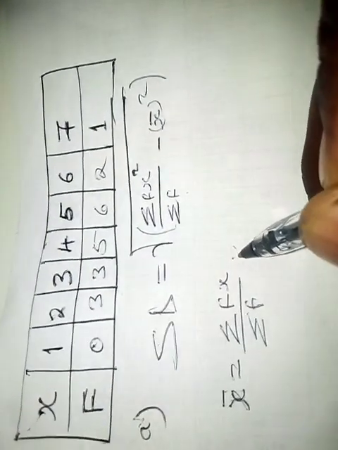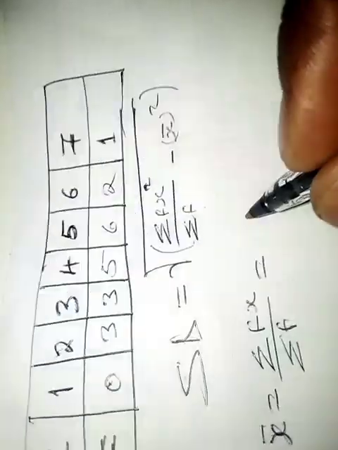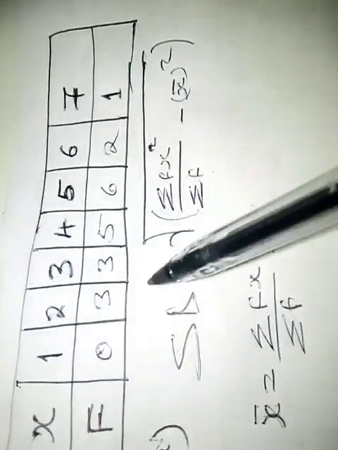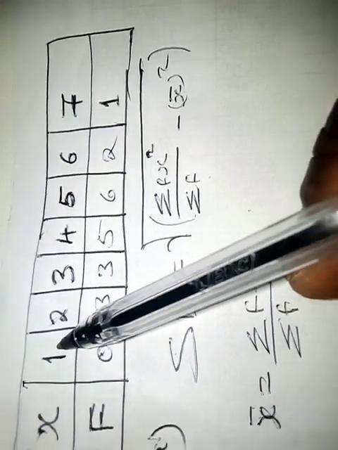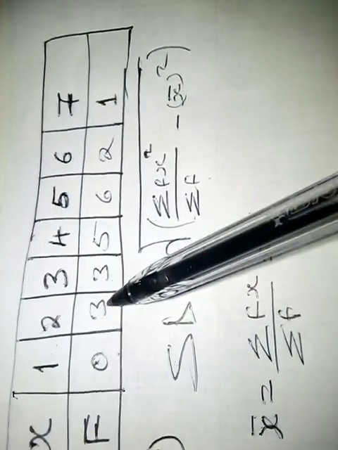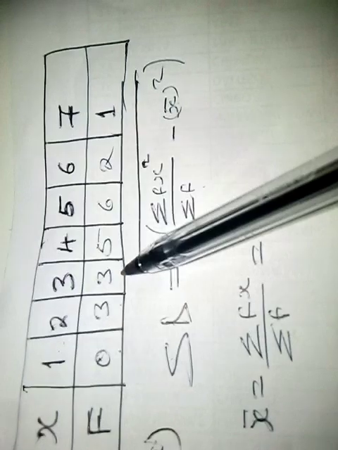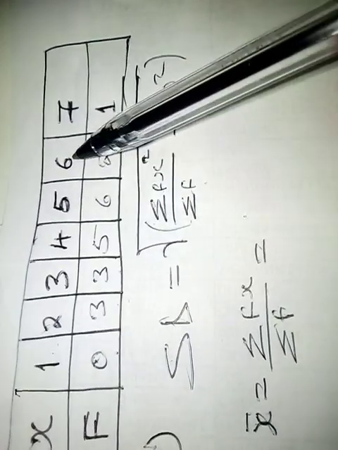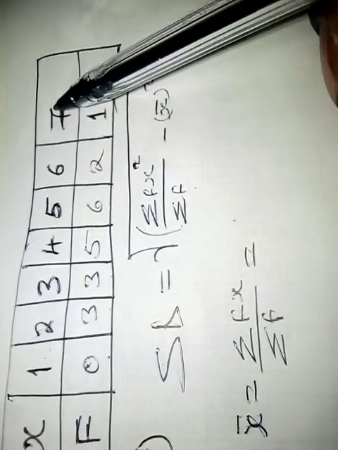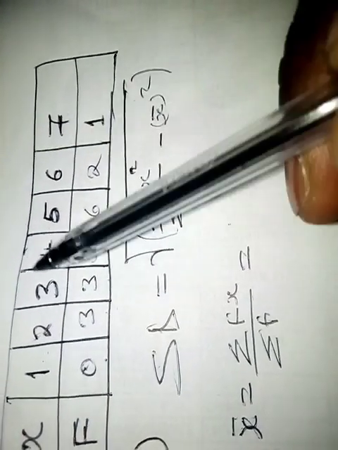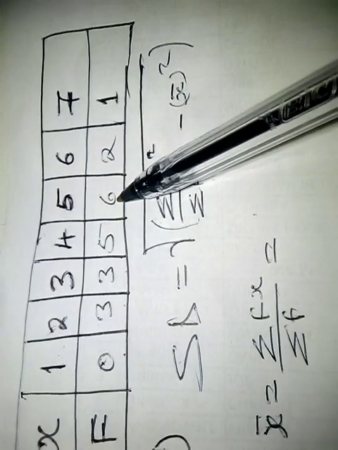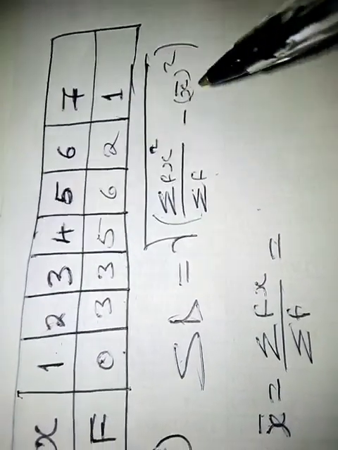So see here that this will equal, x is 1, it is this one here which you're seeing. So we'll be multiplying 1 times 0 plus 2 times 3 plus 3 times 3 plus 4 times 5 plus 5 times 6 plus 6 times 2 plus 7 times 1. Then everything would divide by the total frequencies, which will be 0 plus 3 plus 3 plus 5 plus 6 plus 2 plus 1. Let's get started.